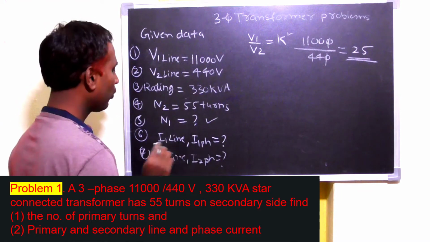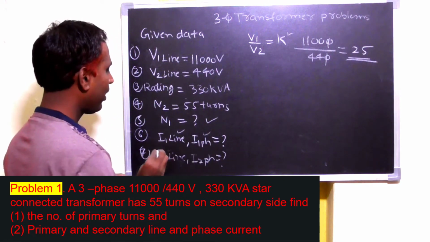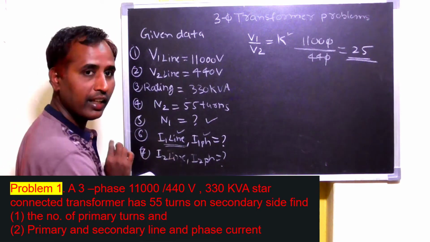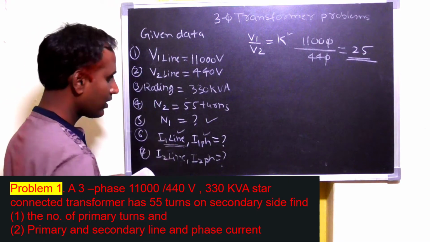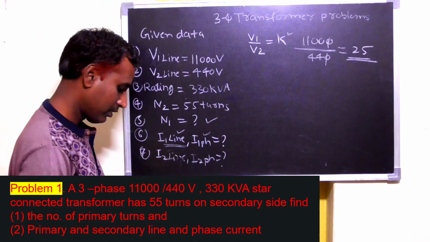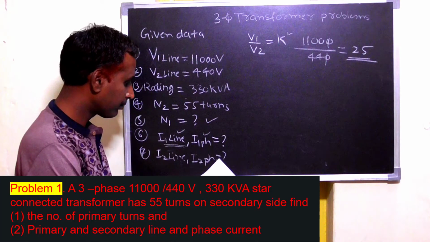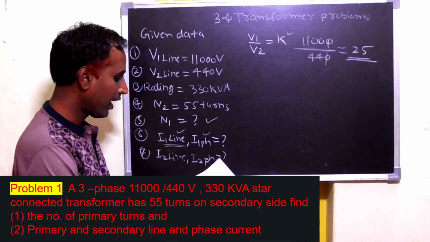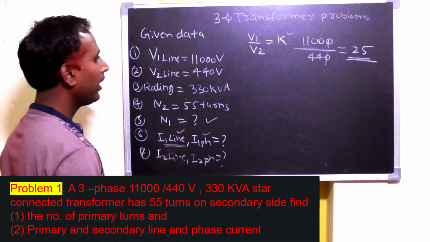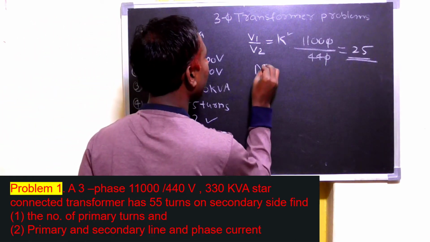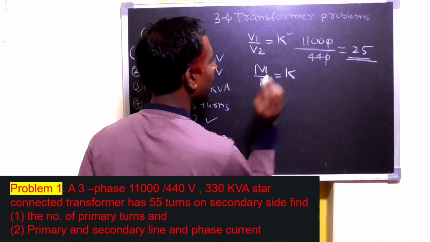I know K. To find the I1 line current and I1 phase current, this N1 will come here now. Otherwise, N1 I can also find directly, using N2 divided by N1 equals K. So N1 divided by N2 equals K is the formula.